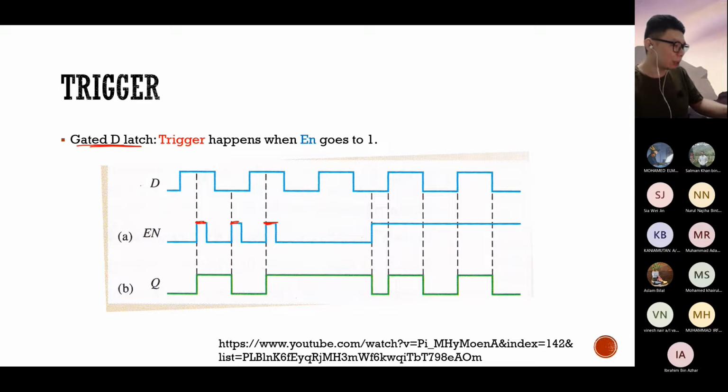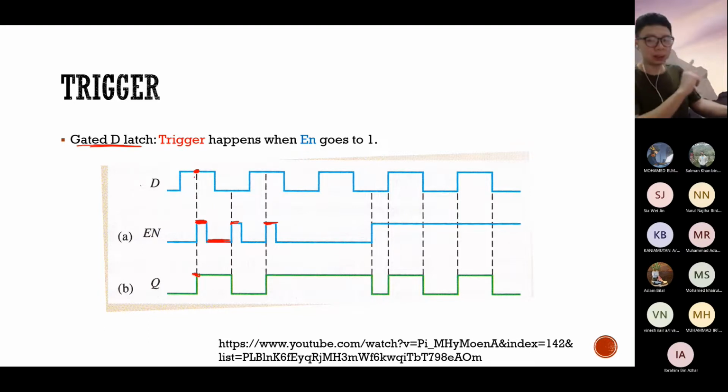Whenever you have this enable high, it's going to look at the current value of D at this point. If D is 1, then it's going to change the value of the output to 1, only within this time when the enable is high. Once the enable goes to low over here, the latch does not work anymore.